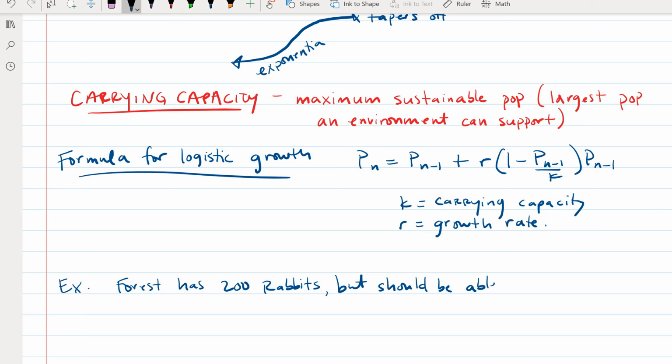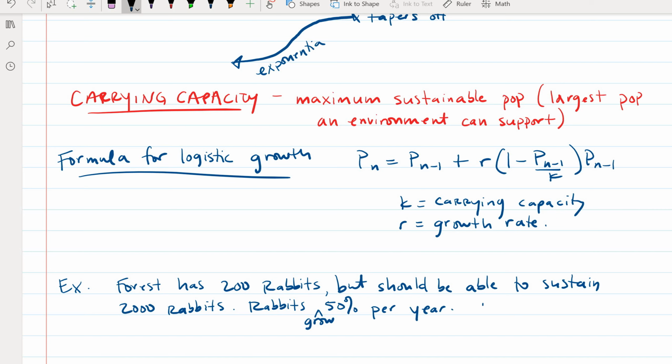Rabbits grow 50% per year. Can you predict a future population?